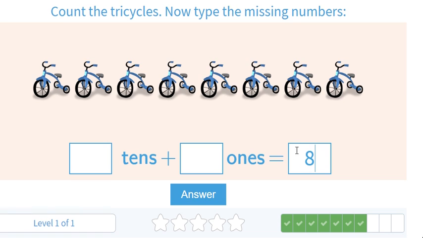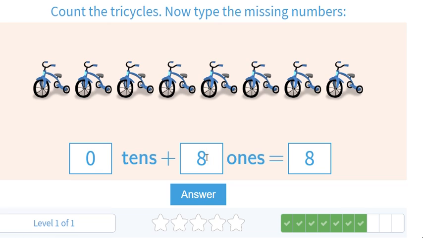So when I look at the number 8 very carefully, I do not see any group of tens here in front of the number 8. So I am going to put a 0 in the tens box, because I don't have a number in front of my 8. I only have 8 ones in the number 8.